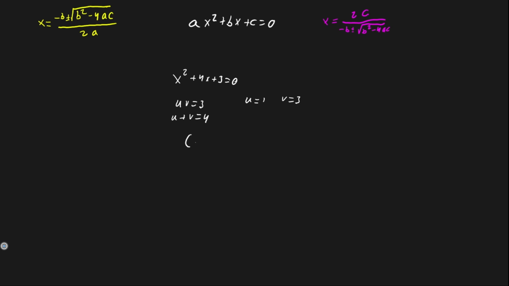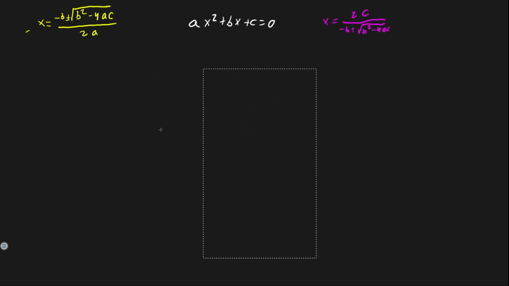So once we have those, we write it out as x plus 1 times x plus 3. Since if we distribute this, we get x squared plus 3x, and if we distribute the 1, we get plus x plus 3, which gives us x squared plus 4x plus 3.